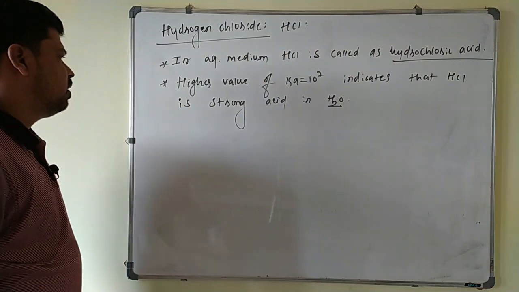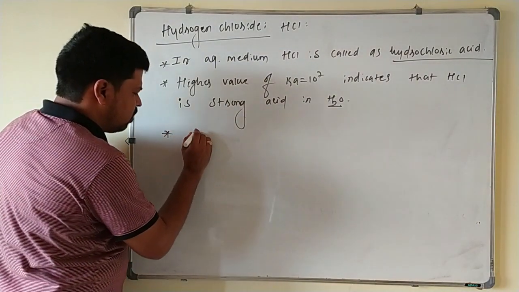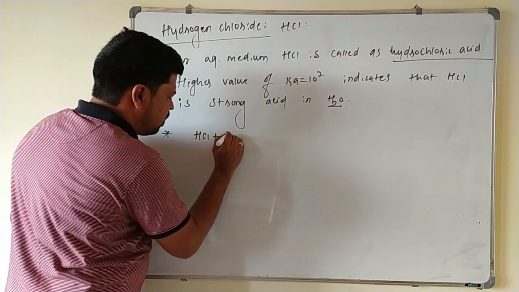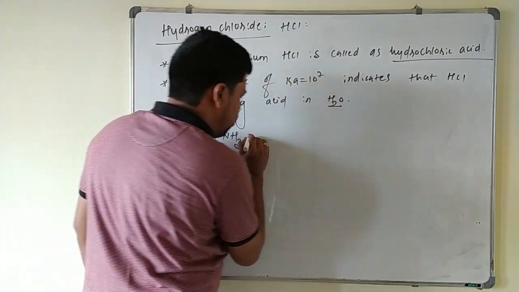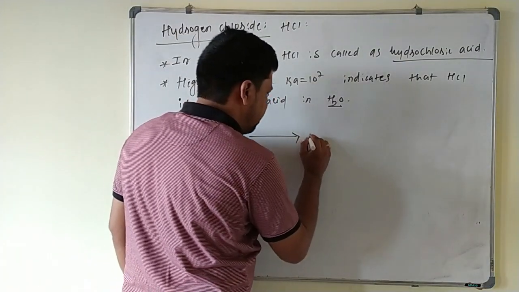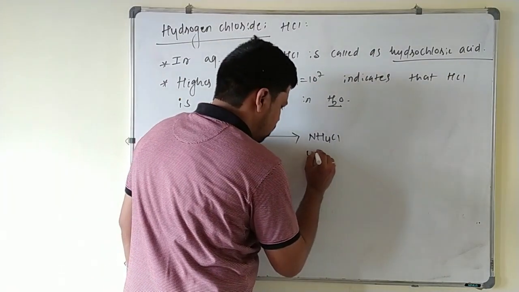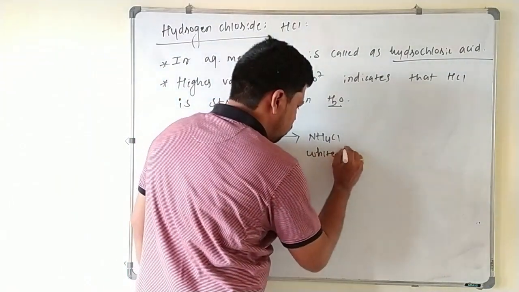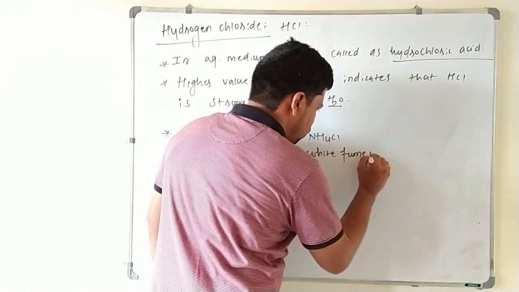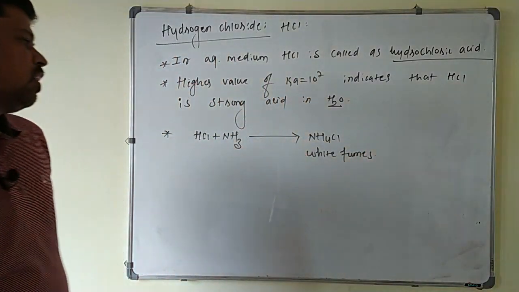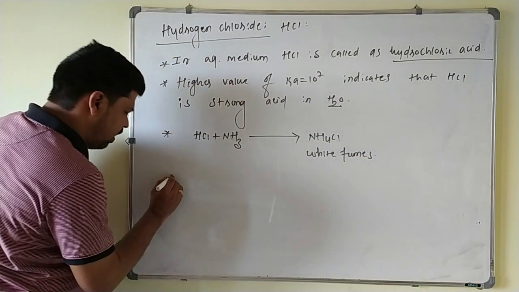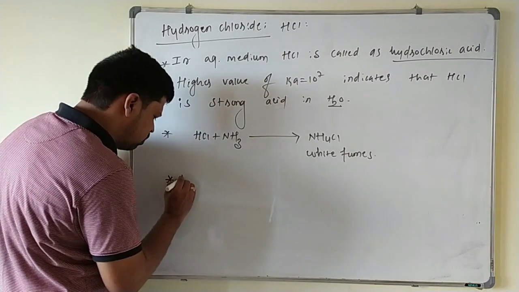Okay. Next point, this HCl reacts with ammonia to form white fumes of ammonium chloride. It forms NH4Cl fumes. Here you will get white fumes of NH4Cl.